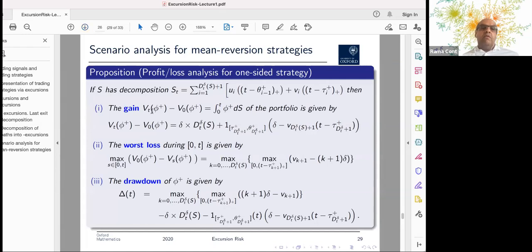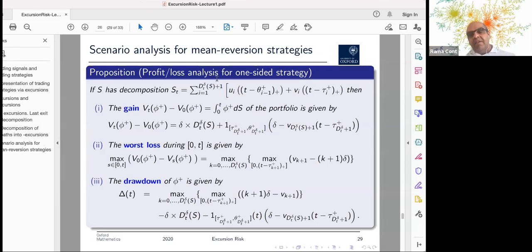So here's the statement. If the signal S has a decomposition given by the previous theorem, the decomposition of S into delta excursions, then the gain, the worst loss, and the drawdown of the strategy. This is for the strategy I showed you in the first part, phi plus, the strategy where you short when you reach delta and then unwind when you reach 0.